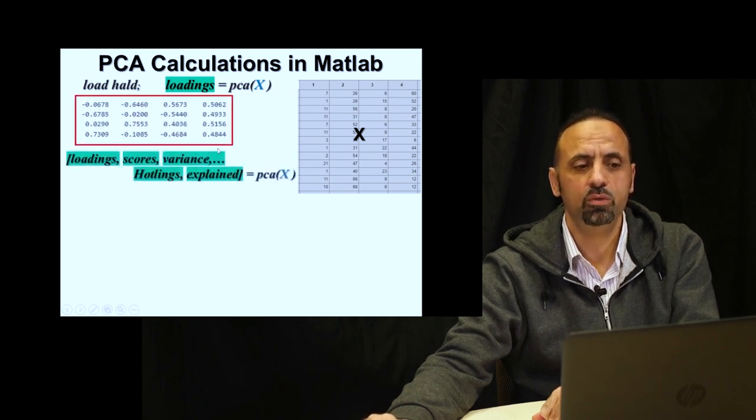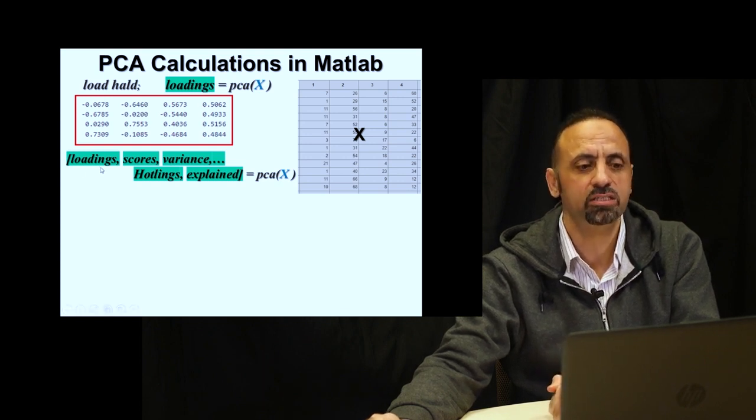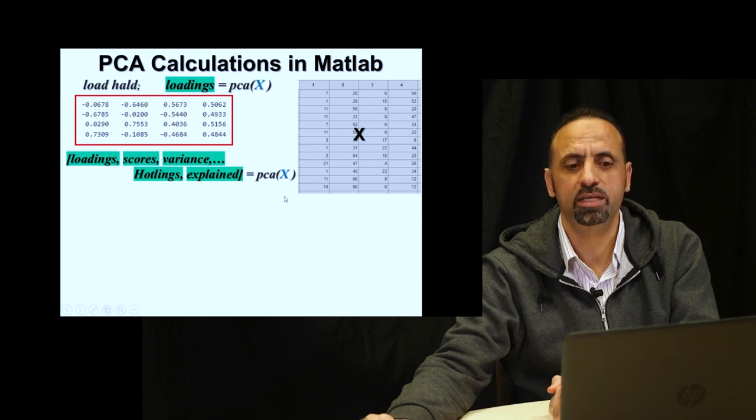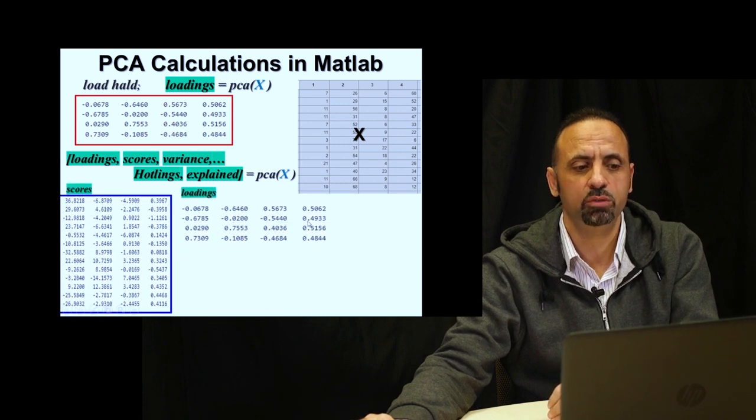If you are interested in seeing the principal components, scores, Hotelling's, variation, and cumulative explained variation, just write what you want with PCA of the same data. From this expression, you can obtain the scores and loadings. If you multiply scores by loadings, you obtain the original data.